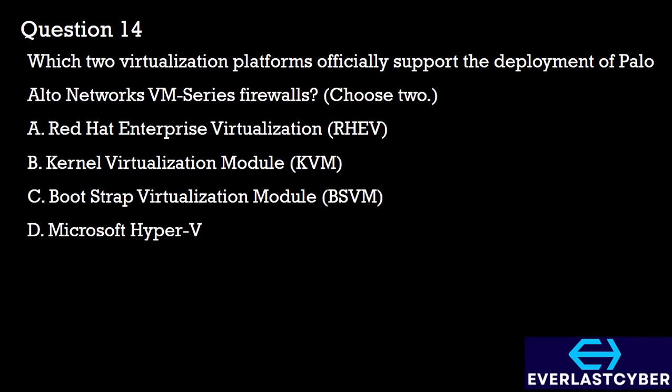Question 14. Which two virtualization platforms officially support the deployment of Palo Alto Networks VM-Series firewall? A. Red Hat Enterprise Virtualization. B. Kernel Virtualization Module. C. Bootstrap Virtualization Module. D. Microsoft's Hyper-V.